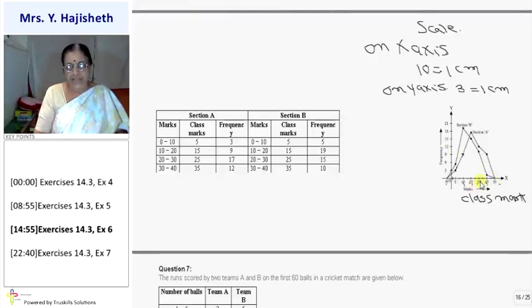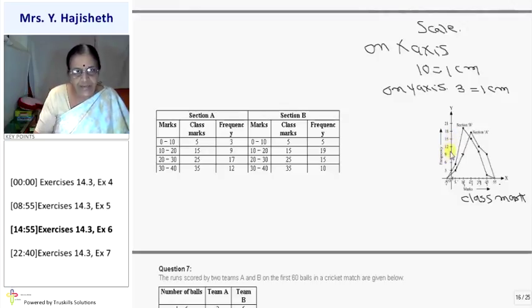Same, on the same scale, draw the other one. The class mark is the same. The first point is 5, 5. Clear? Then the second point is 15, 19. The third point is 25, 50.